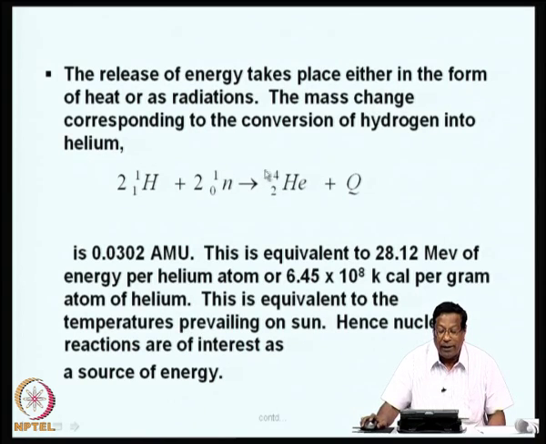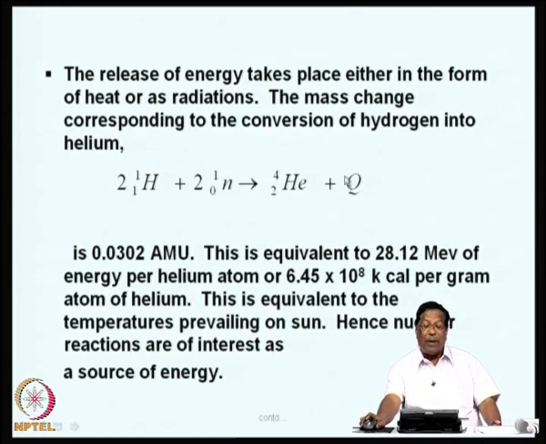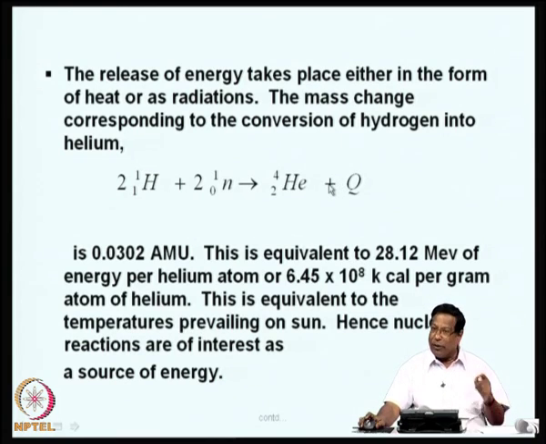Both of them combine to give you an atomic mass of 4 units and charge of 2 units, plus there is a small quantity, that is Q, that is energy. When 2 protons and 2 neutrons combine, there is a formation of helium, but some amount of energy is released.